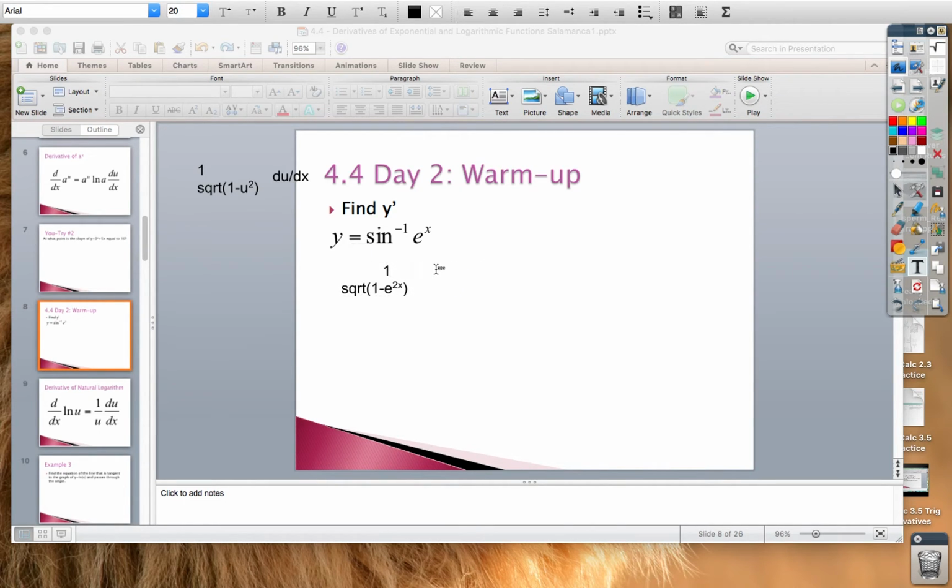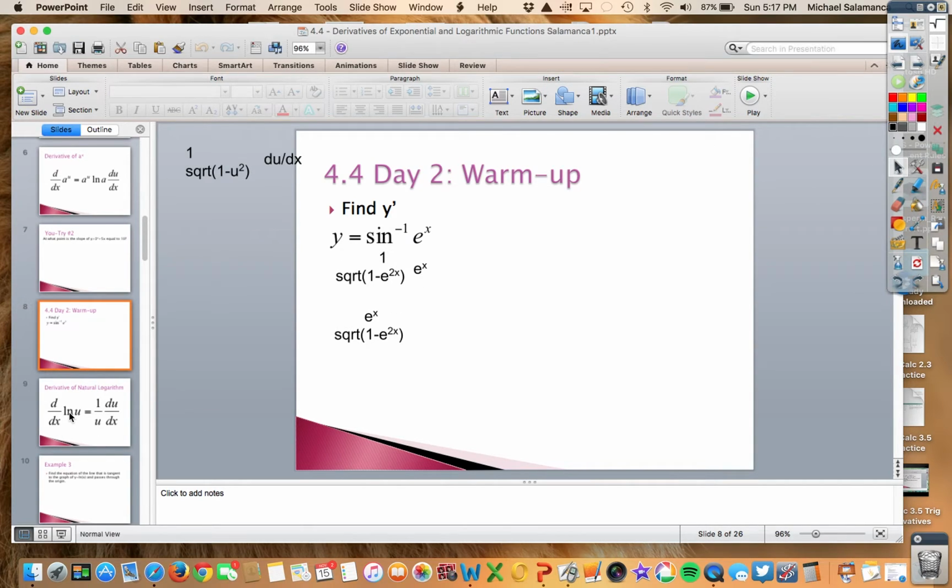So the derivative of e to the x is just e to the x. So our final answer is going to be e to the x divided by the square root of 1 minus e to the 2x. And so that's our derivative.